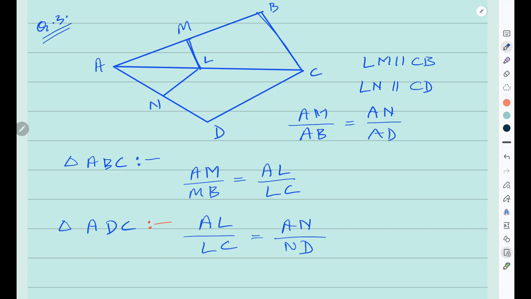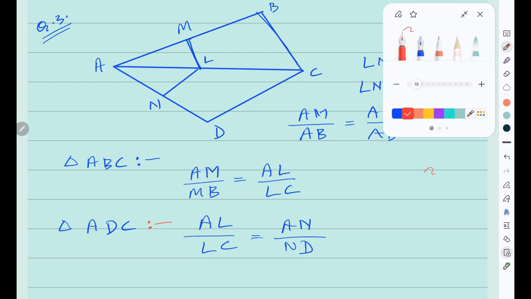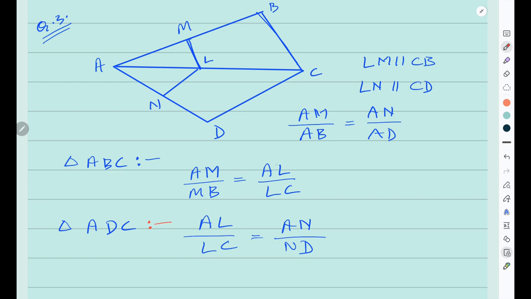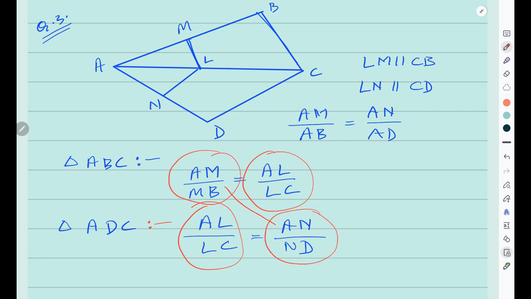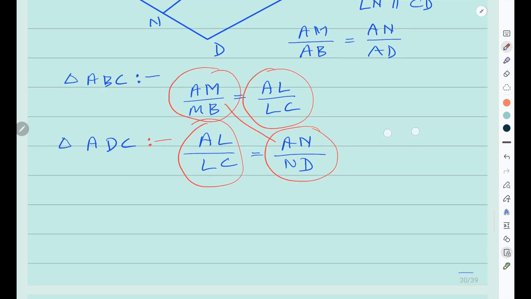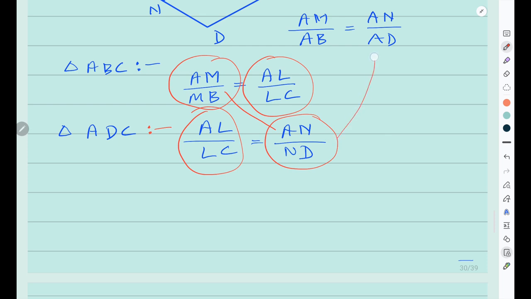And then you can see one very interesting thing, that AL to LC both are the same. What does it mean? It means these two also have to be the same, and this is what is to be proven.